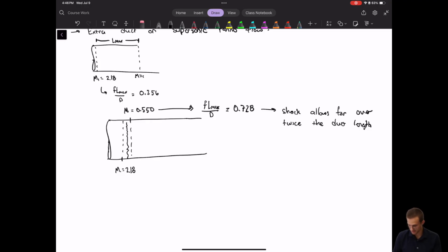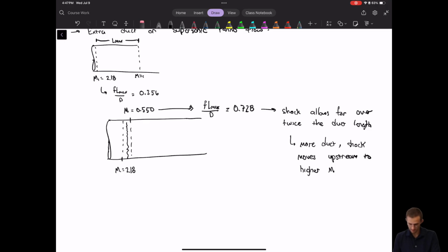And then if you add more duct, or if you want more duct, rather, the shock moves upstream to higher M. Because remember, as you proceed through a Fanno duct with supersonic flow, M decreases.